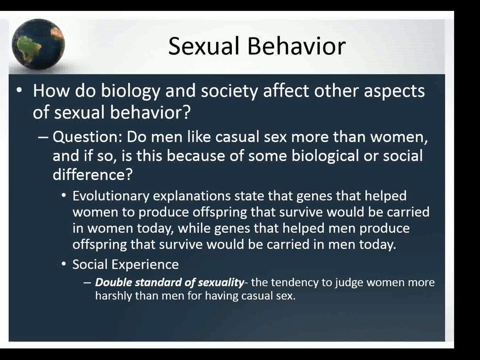From a biological perspective, evolutionary explanations would say that genes that help women produce offspring that survive would be carried in women today, while genes that help men produce offspring that survive would be carried in men today. When we look at the biological differences between men and women and think way back to the hunter-gatherer days of our species, in a very small community, what are your primary concerns?